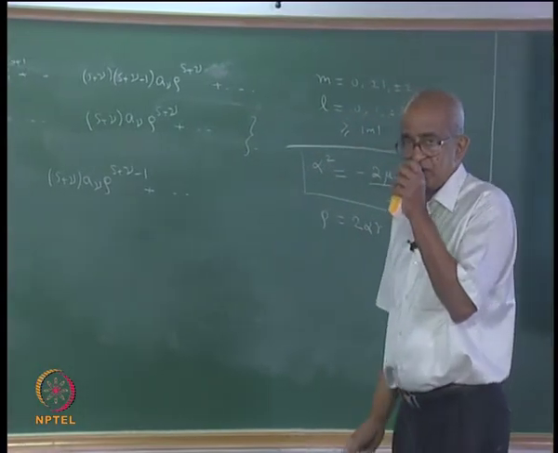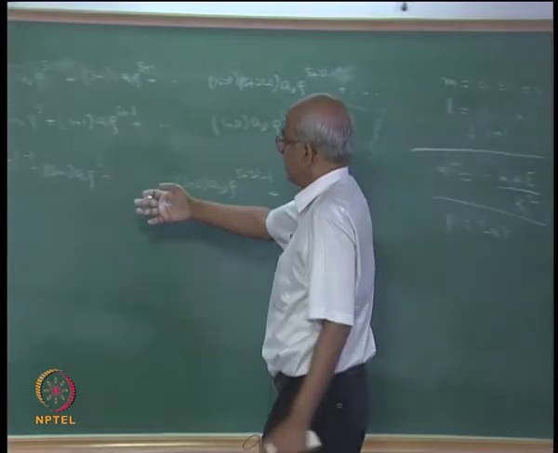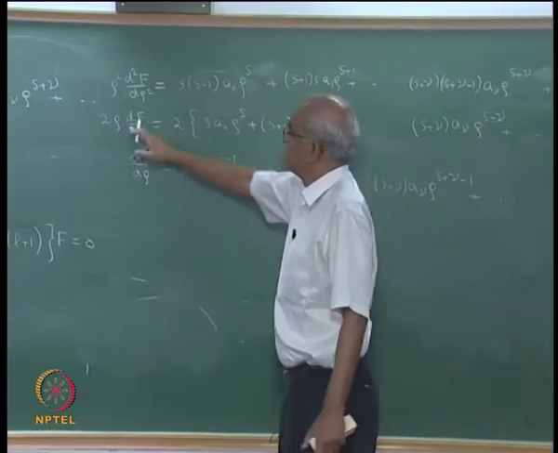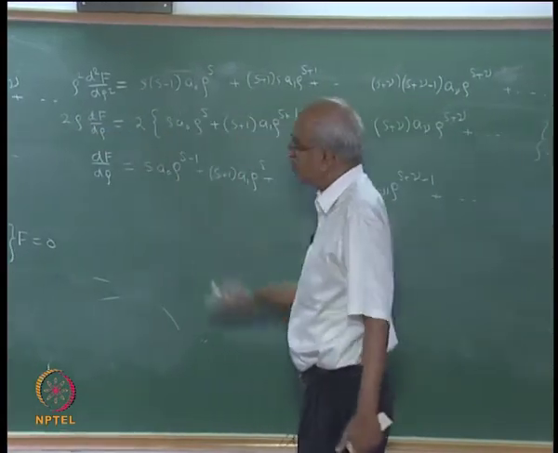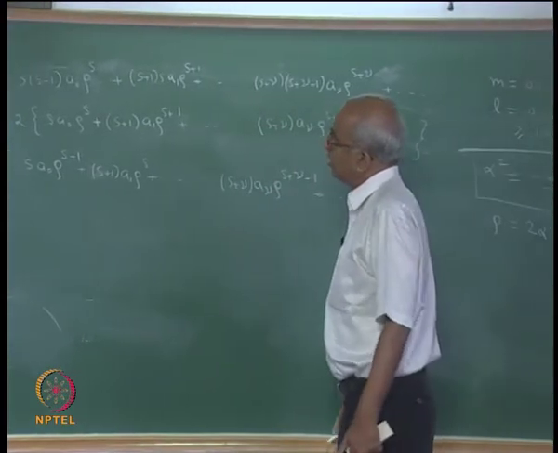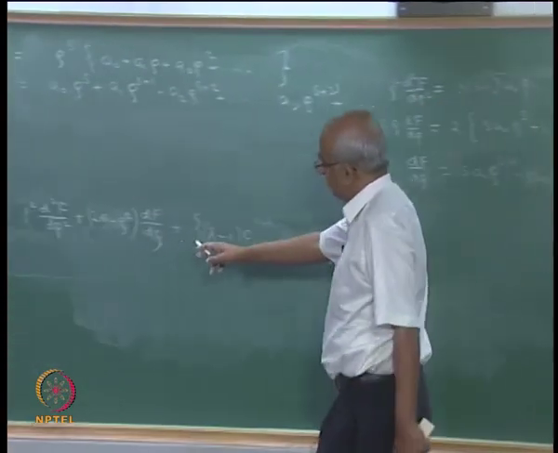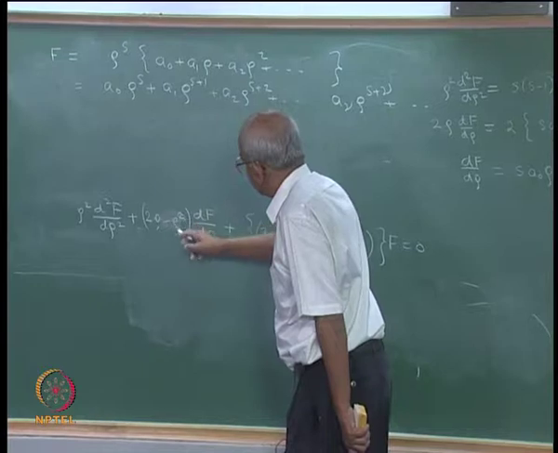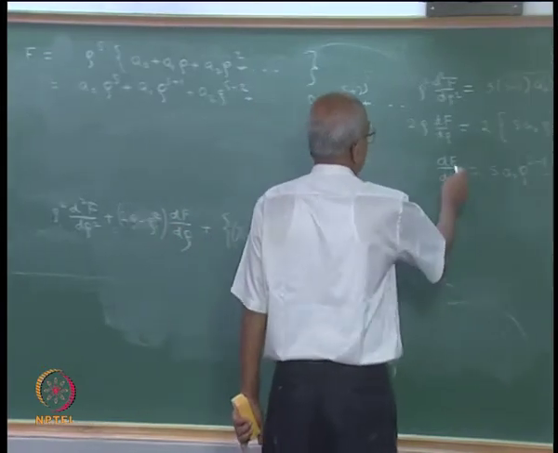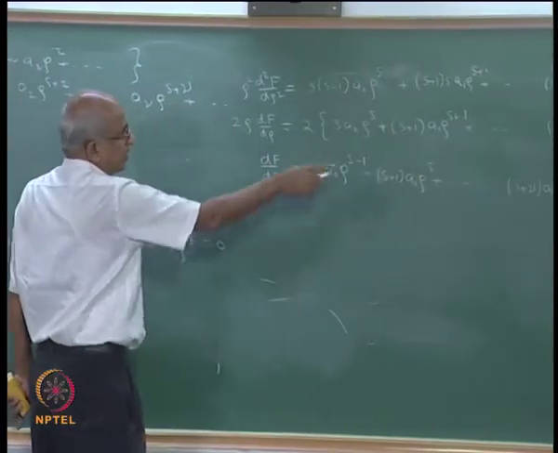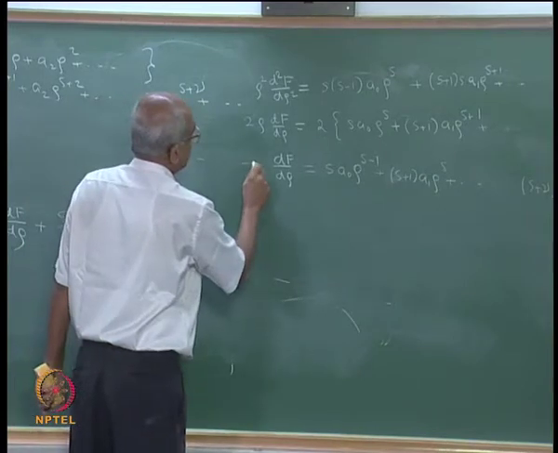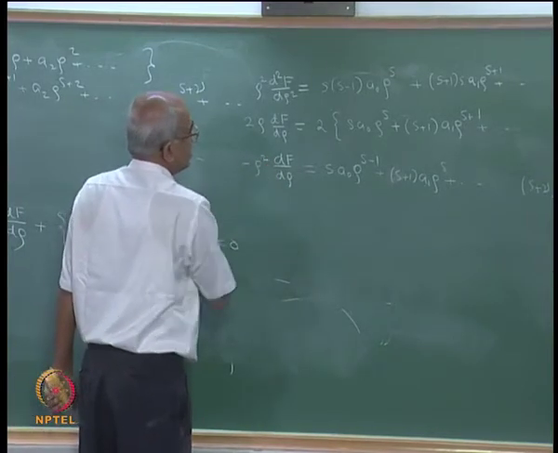Agreed? And all that I have done is I have taken this equation multiplied by 2 rho and wrote it, that is all, nothing more. And then of course, I will have to evaluate this term minus rho square into df by d rho. So, I have df by d rho written here. So, I will just put a minus rho square here.